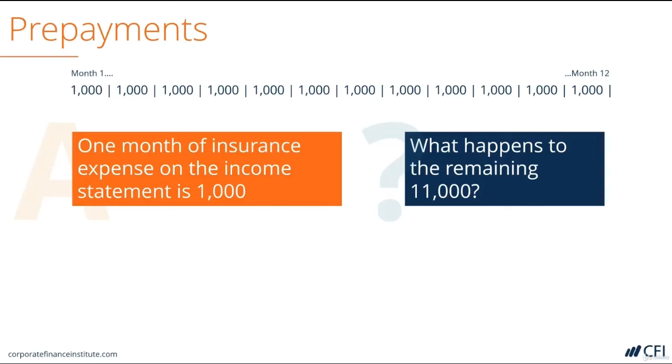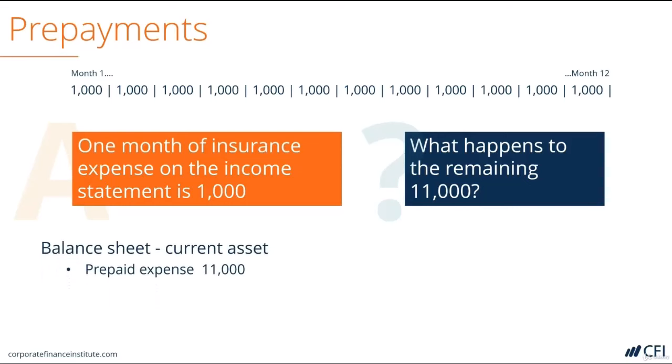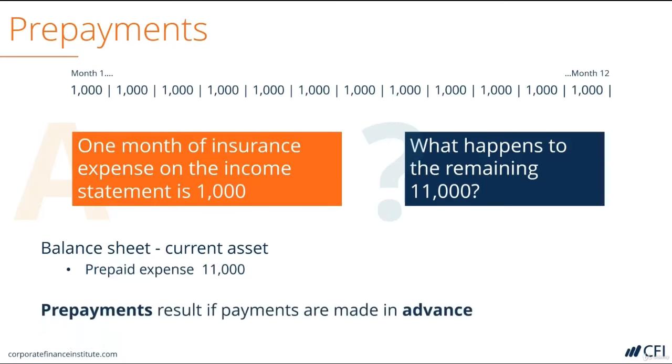Well, the remaining $11,000 would go on the balance sheet. It would be an asset, which is a prepaid expense. And because that prepaid expense is expected to be used within a year, it would fall under current assets. Anytime prepayments are made, or anything, they result in an asset on the balance sheet known as prepaid expenses.